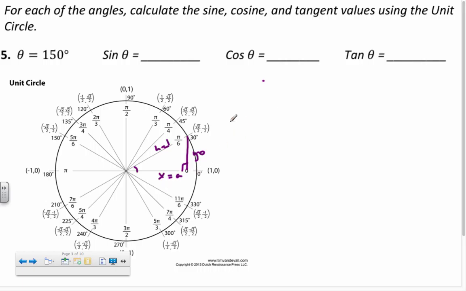For example, our cosine of theta is simply our adjacent over our hypotenuse, which is x over 1, which is just x. The sine of theta is opposite over hypotenuse, which is y over 1, which is just y. So for all points on the unit circle, our x value is our cosine of theta, and our y value is our sine of theta.